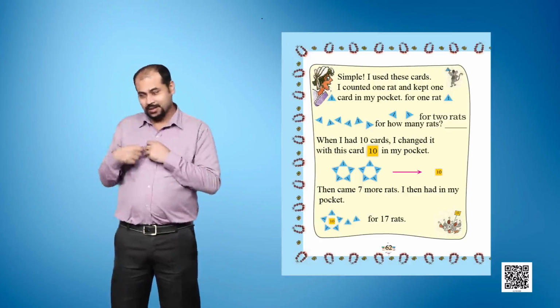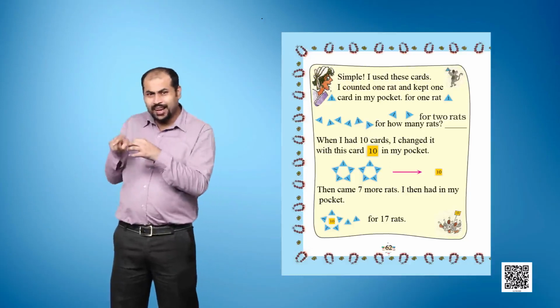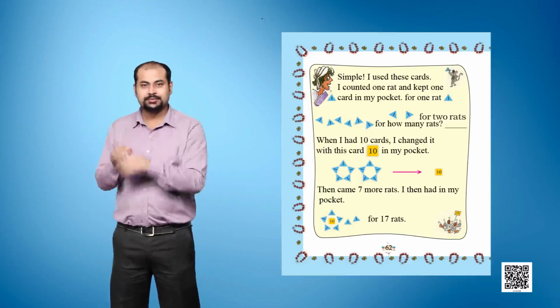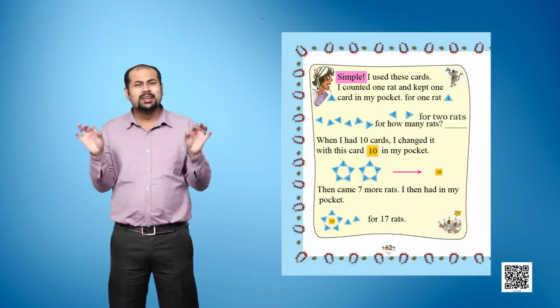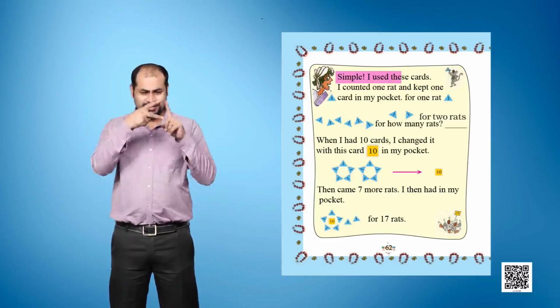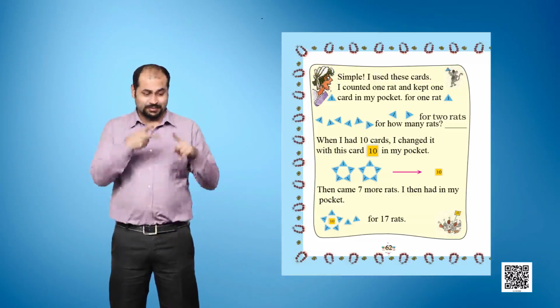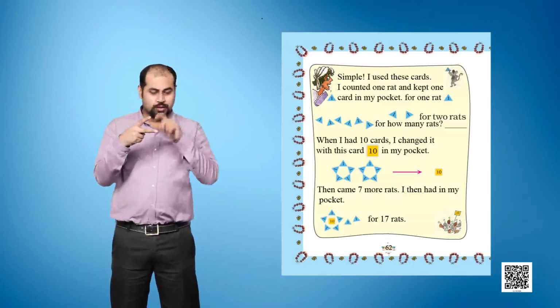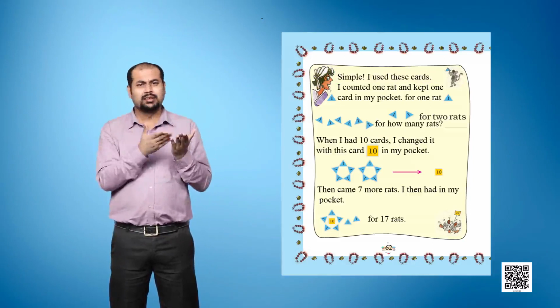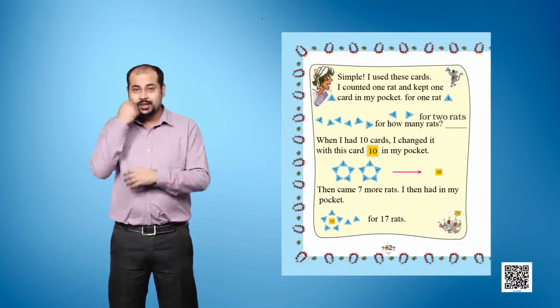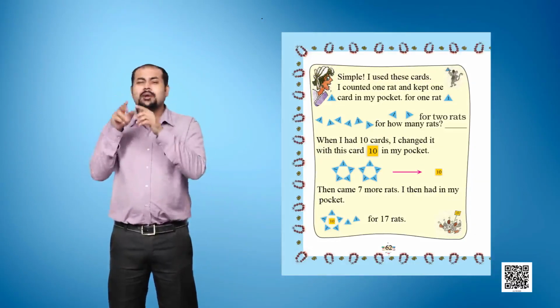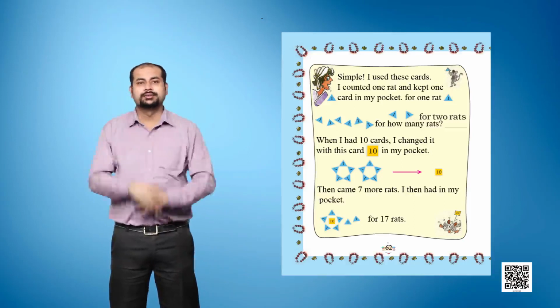Flute man replies to king's question. "Simple. I used these cards." He shows blue triangle-shaped cards with 1 written on them and yellow square-shaped cards marked as 10.